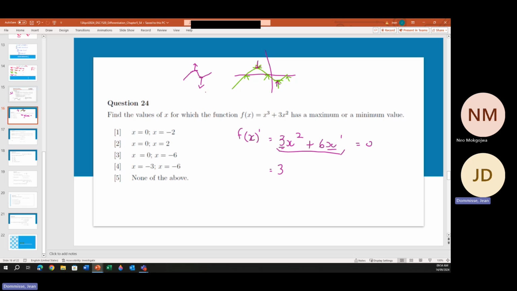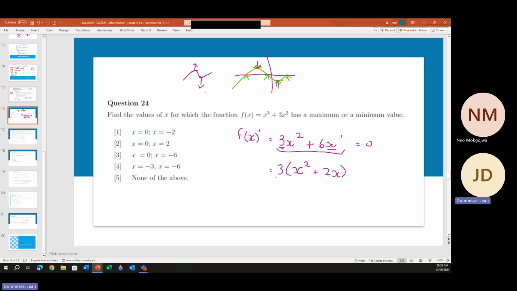If I take out the 3, what's left in this function is x to the power of 2. If I take out 3 from the 6, so 6 divided by 3, what's left is the 2x.